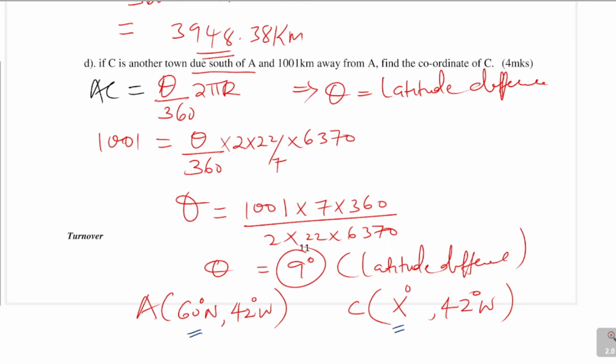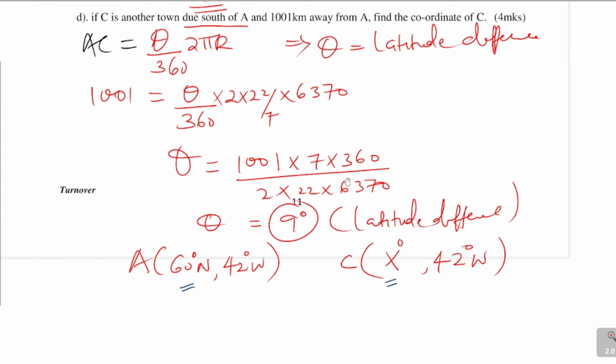By working out the two scenarios, you know whether it will be to the north or to the south. If you take 60 plus X as the latitude difference, it should give you 9. When you add 60 plus X, you assume that A is to the north, so C will be to the south, so you must add together.